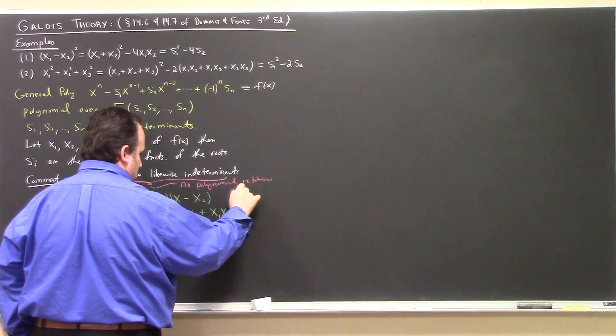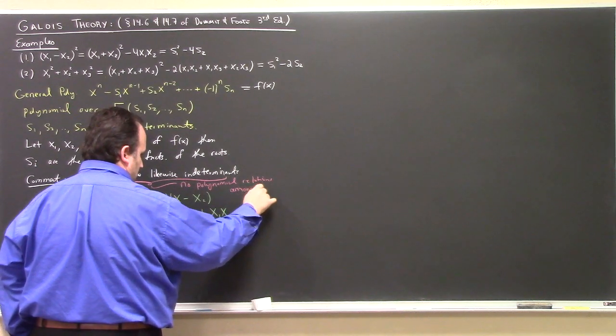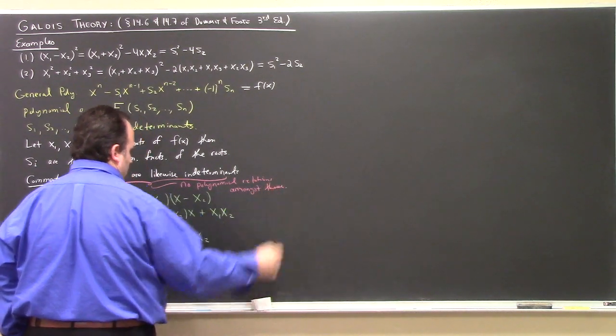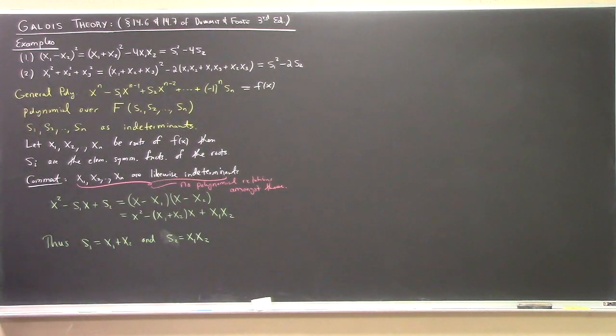Amongst these. That you can't construct a polynomial with these two roots? Or with coefficients s1? You can't have indeterminates which, like, they're not really indeterminates if you have an equation that relates them. Yeah. All right.